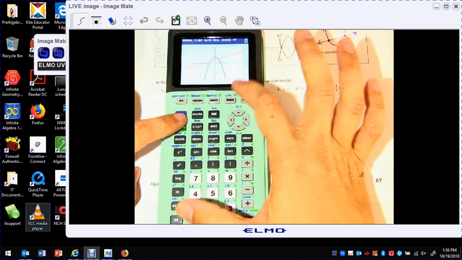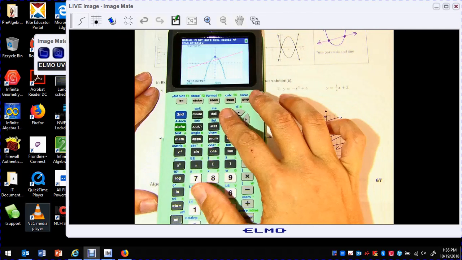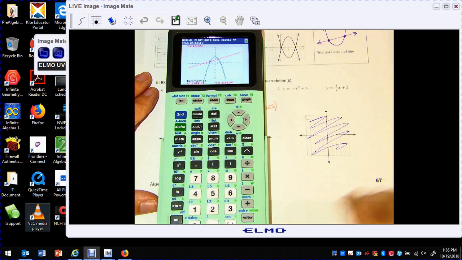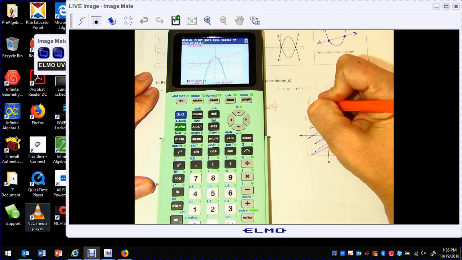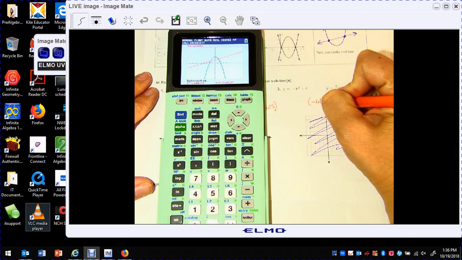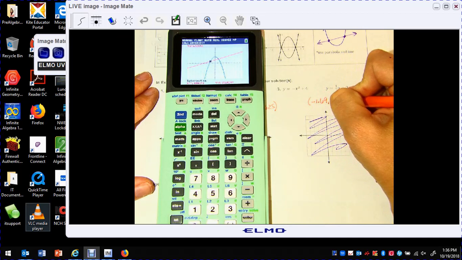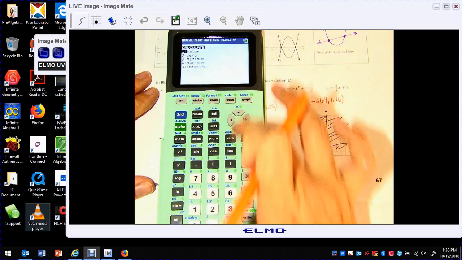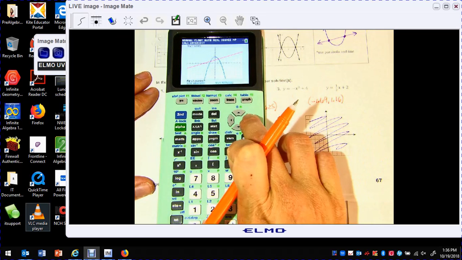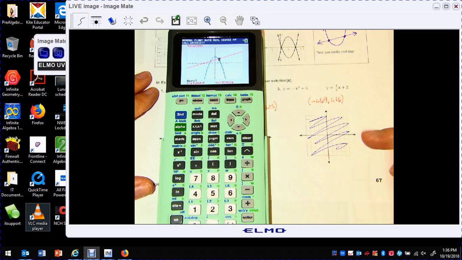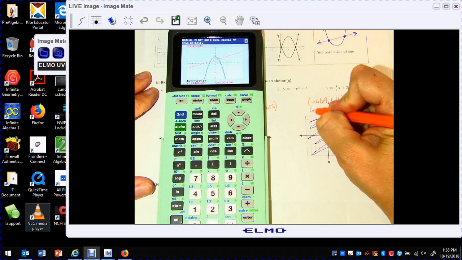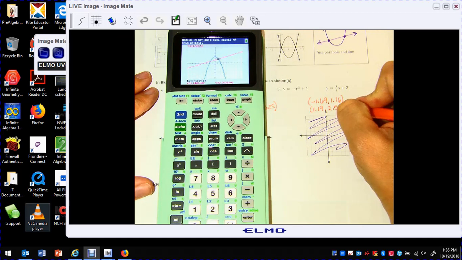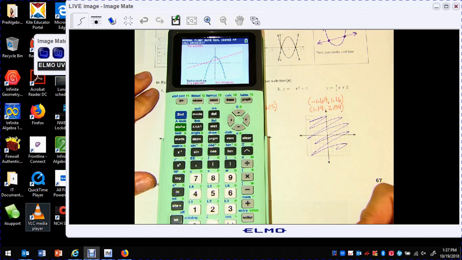So I'm going to push second calc 5. Now I'm going to go over to the left of the intersection, give me this one on the left, and I got negative 1.69, comma 1.16. And then I'm going to go calculate the other one. I'm going to go past it, push enter 3 times. So my other answer would be 1.19, comma 2.59. There's my 2 solutions that I did by graphing.